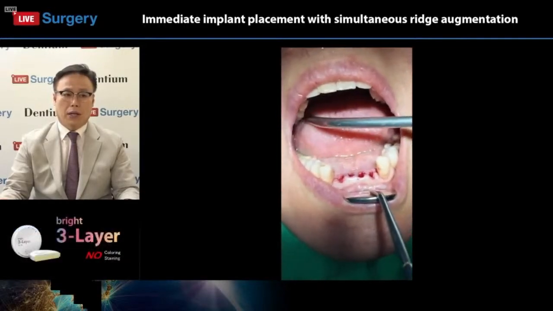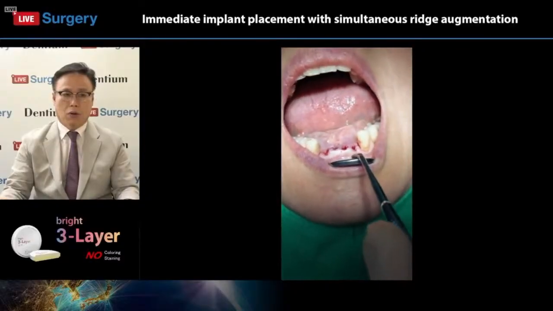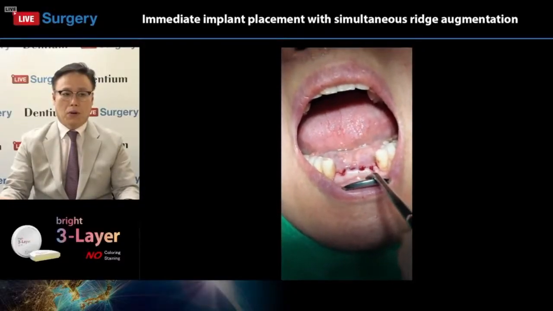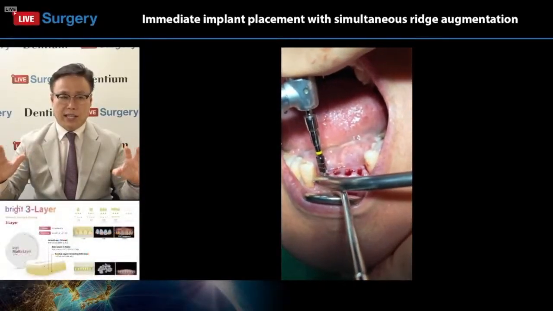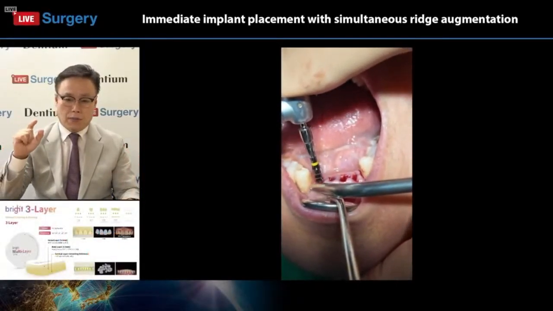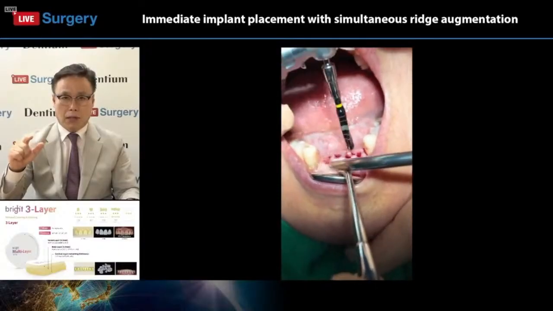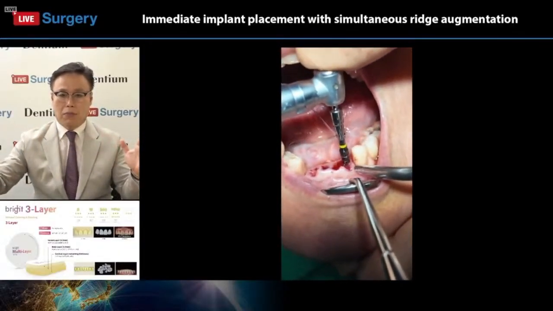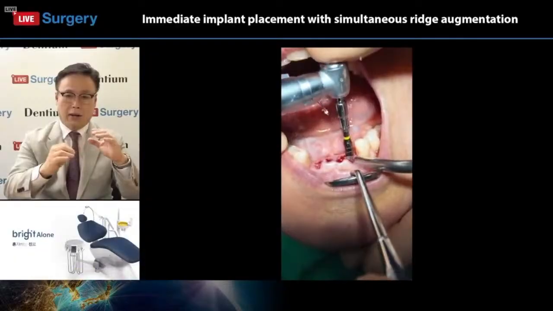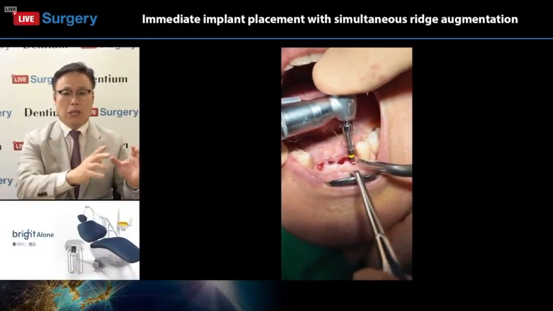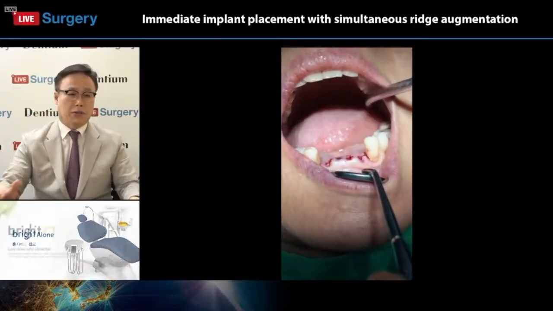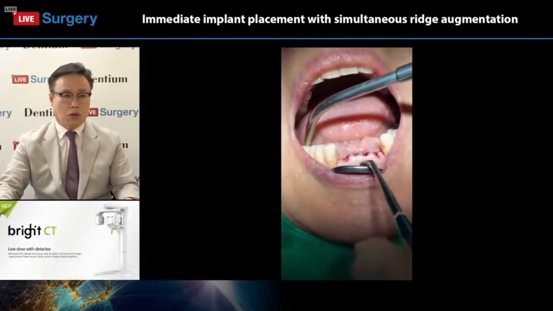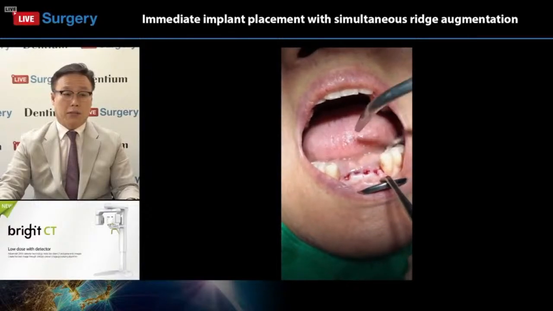It's very difficult in the anterior tooth area of the lower mandible, because there are not many chances in the drilling sequence. Let's say there's a 5.0 diameter implant. There are several different steps. Even though we made a different angle and location of the implant at the beginning, there's a lot of chance we can change it. However, in the anterior tooth area, especially the lower, there's not more chance.